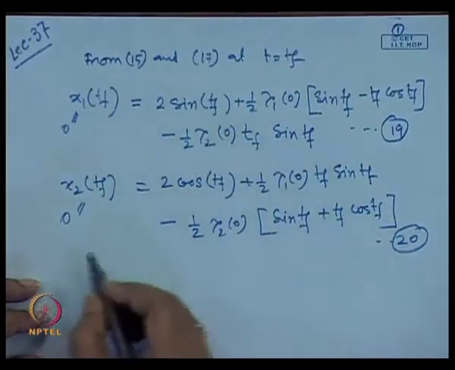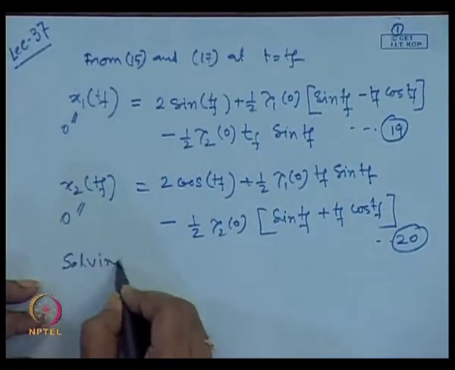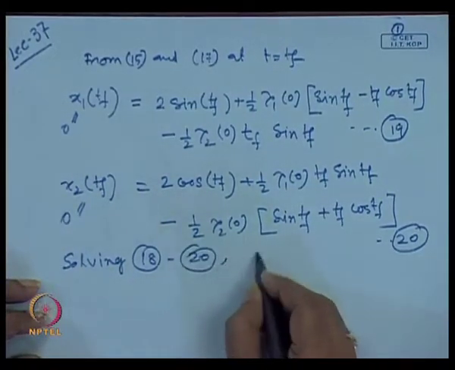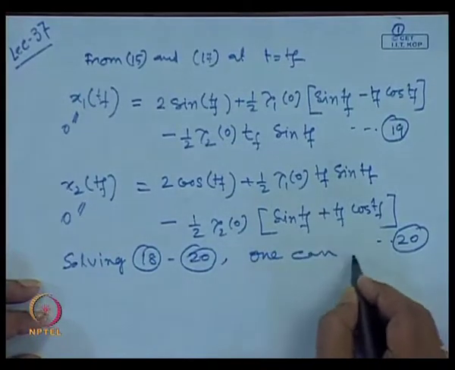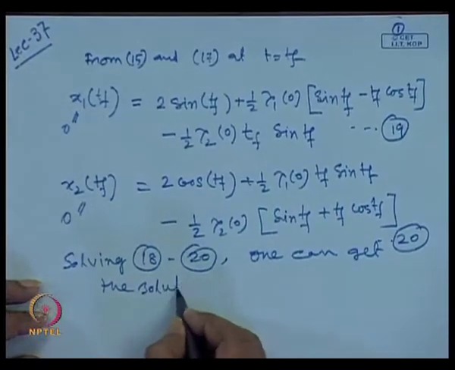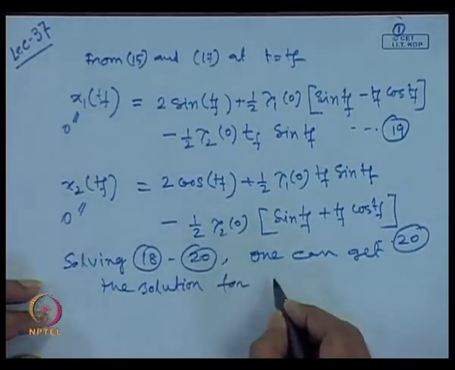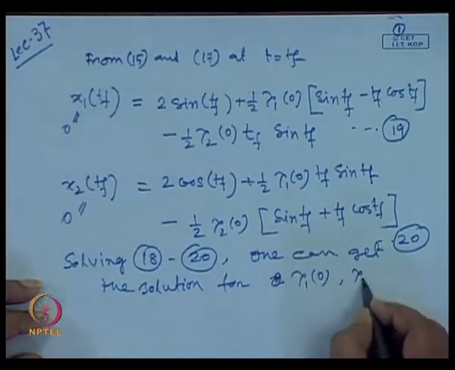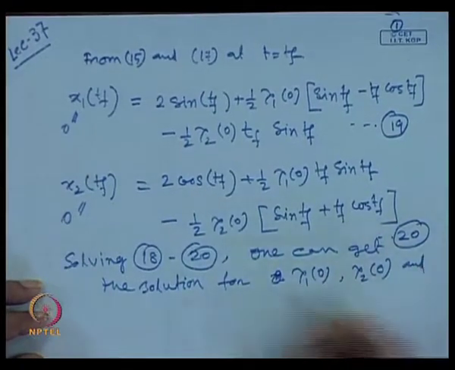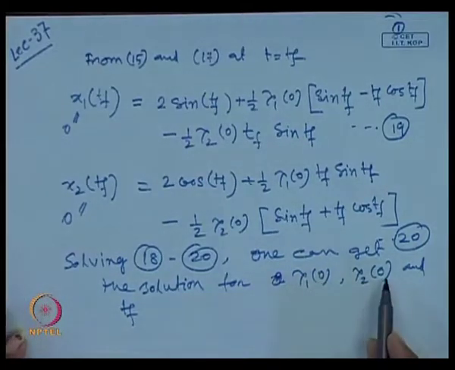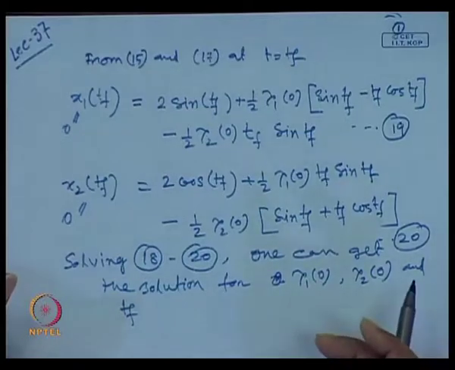Solving 18 to 20, one can get the solution for lambda1(0), lambda2(0) and t_f. Once you know lambda1(0) and lambda2(0), then our problem is solved, because we can find our control law.